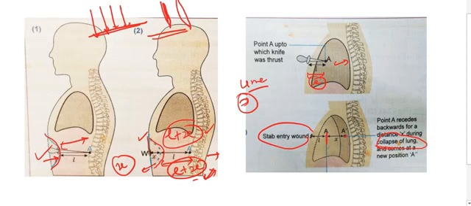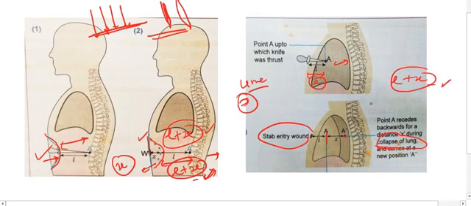So the false length that is measured is L plus X in case of collapse of lung, if the stab wound has entered into the chest cavity and pierced the lung. So this is also going to give a false depth of stab wound as L plus X.